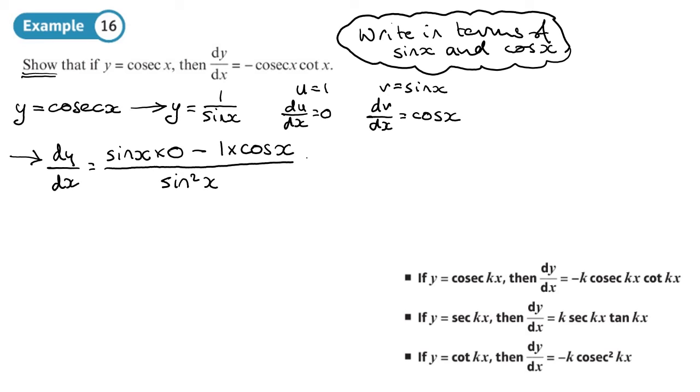If we simplify that, we'll get cos x over sine squared x. Now, almost there. This can be written as cos over sine times 1 over sine.